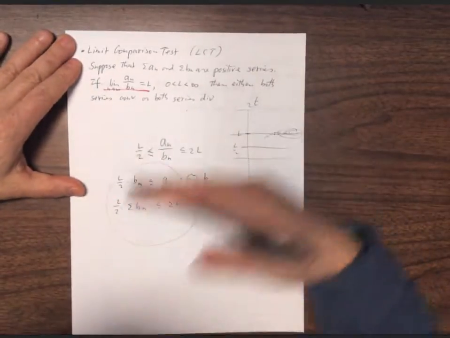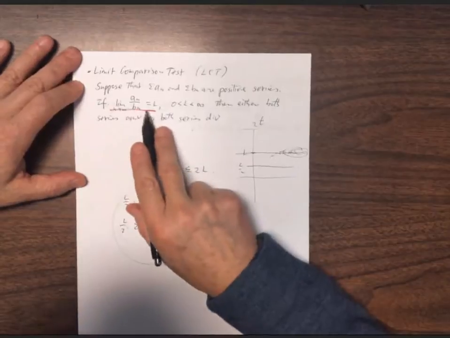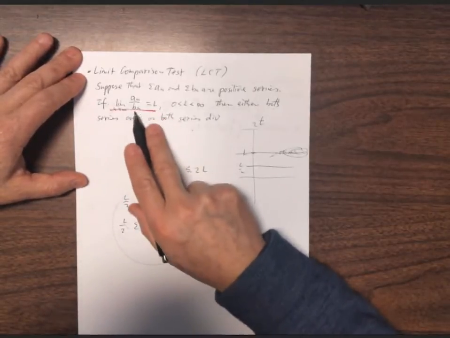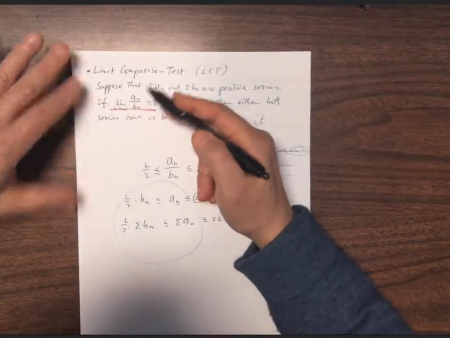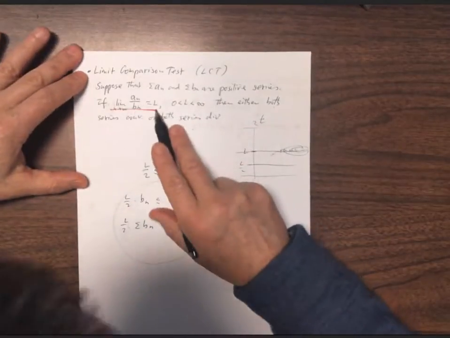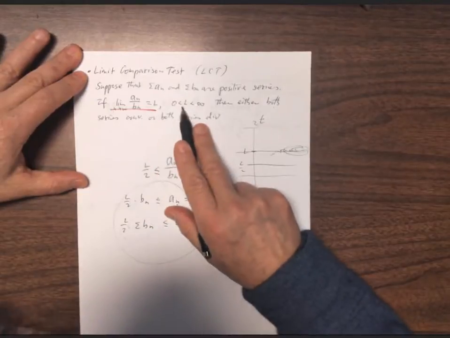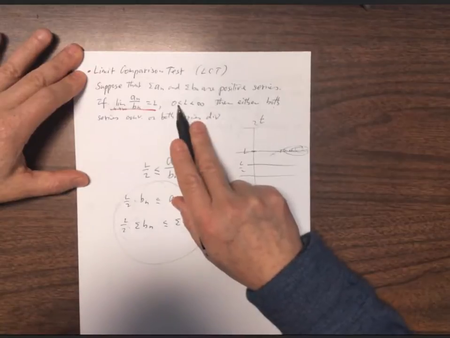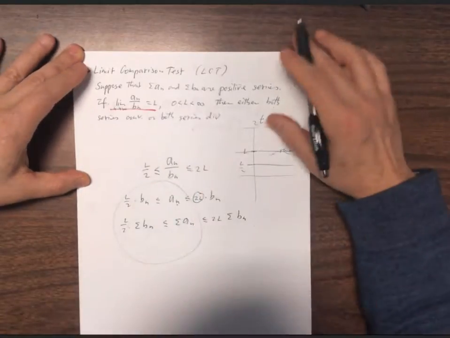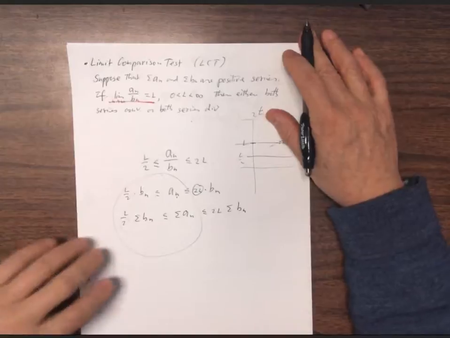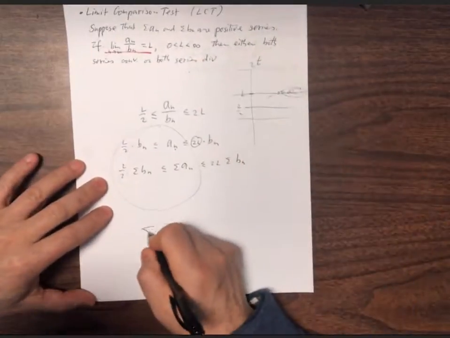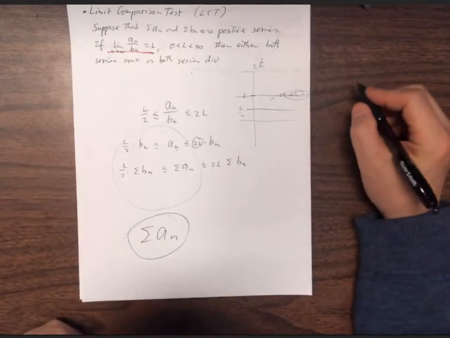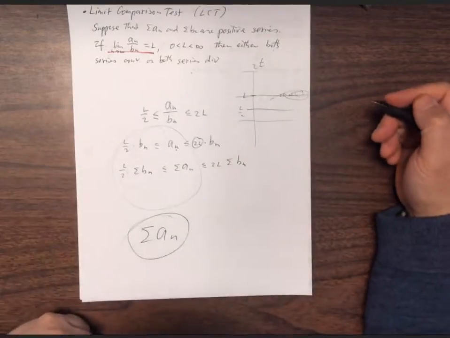Just organize the cases. As long as the limit of this ratio is a finite positive number, then both series will converge or diverge. To apply this test, we're given sigma an, so we'll try to find the bn.